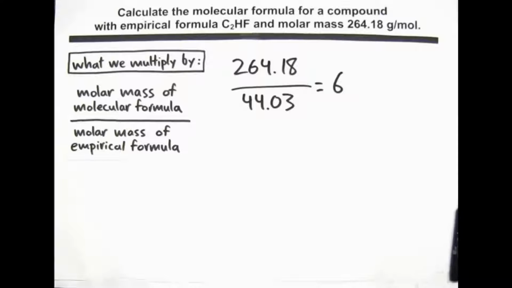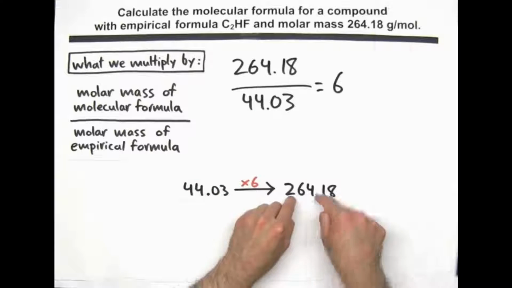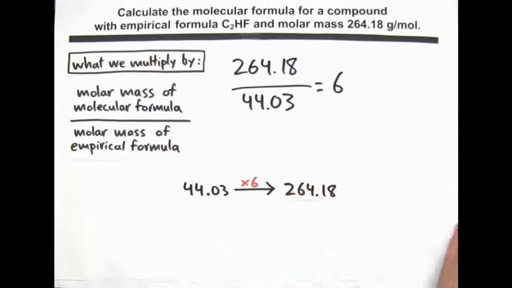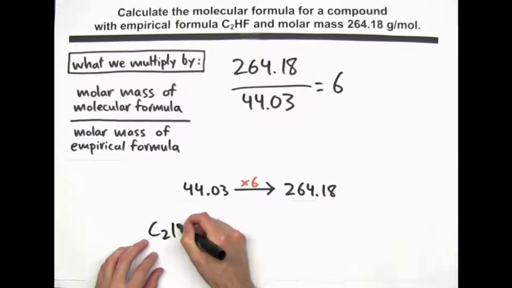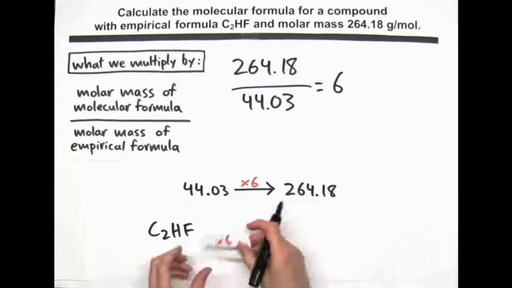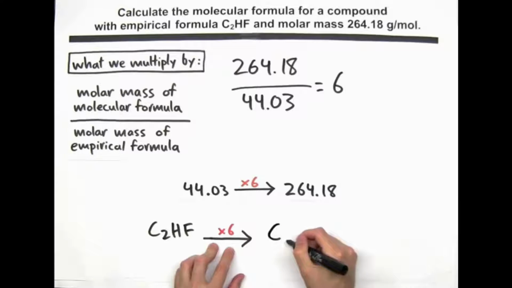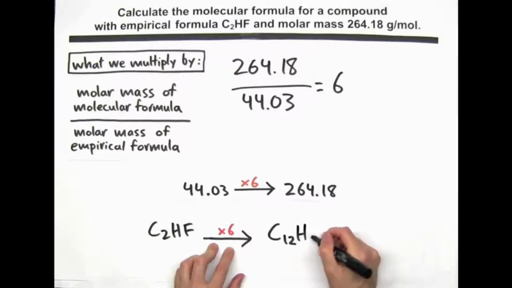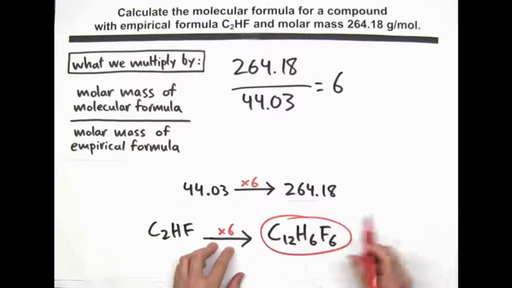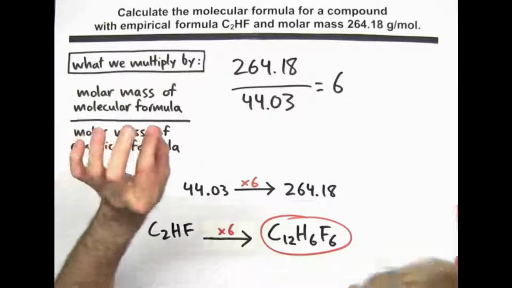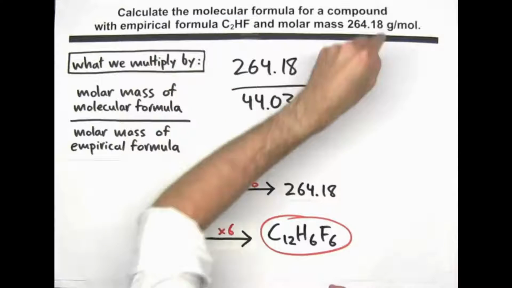This is what we have to multiply the empirical formula by. Molar mass of the empirical formula times 6 gives us the molar mass of the compound. So we take the empirical formula, C2HF, multiply it by 6 to get the molecular formula of the compound, C12H6F6. And that is how we figure out the molecular formula of a compound when we're given the empirical formula and the molar mass.